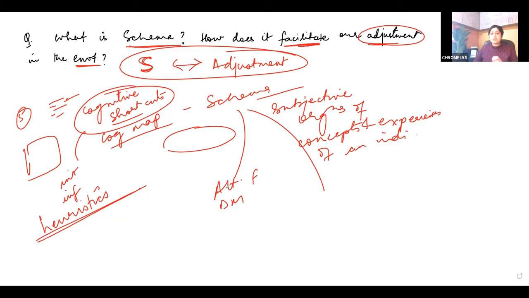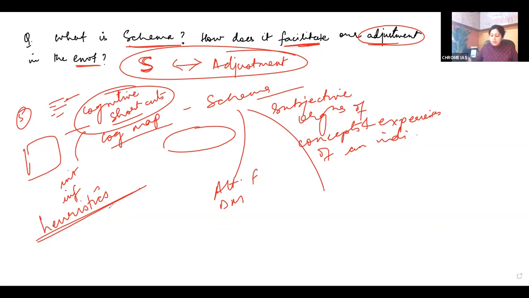Students would be just thinking in terms of the bookish knowledge they have gained: where did we read schema, what did we write in the notes, so we need to replicate that. But this is so constructive that just by one keyword, you can write the whole answer. Right? Now just think and tell me, because the question is how does it facilitate our adjustment?